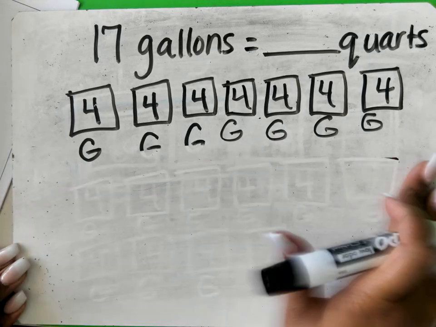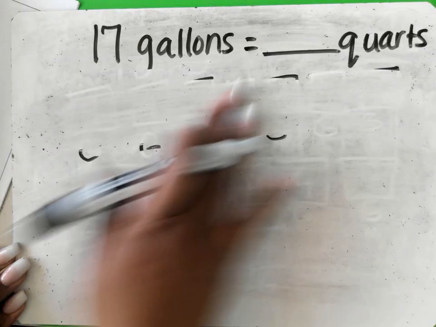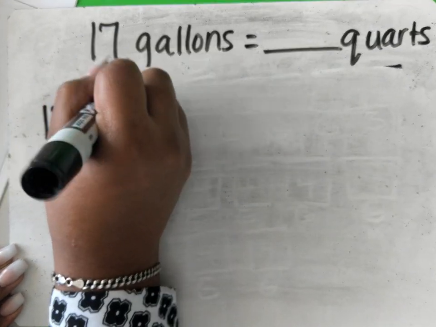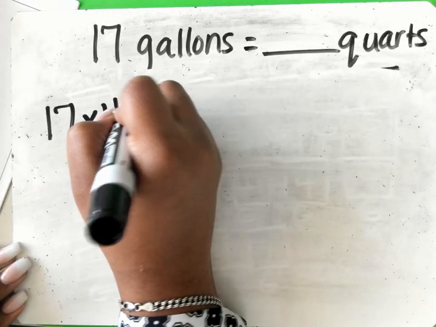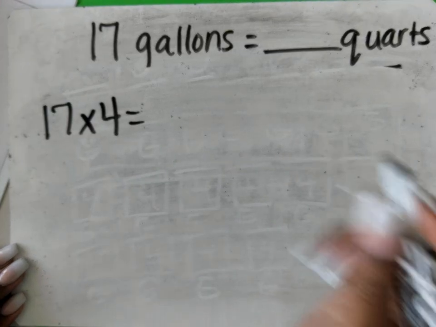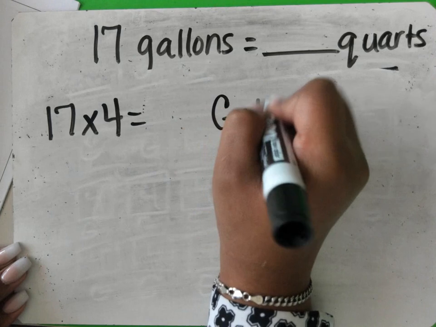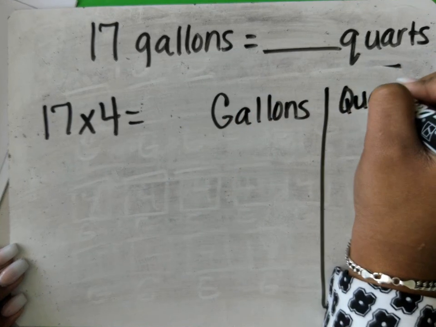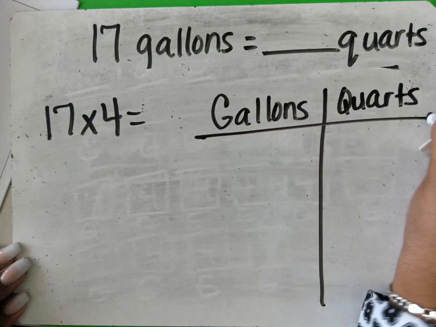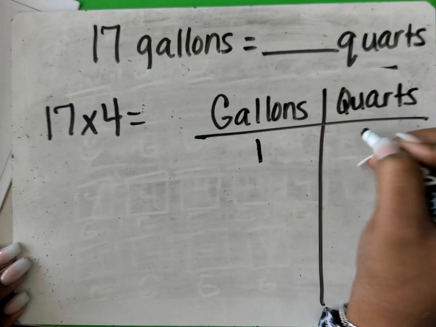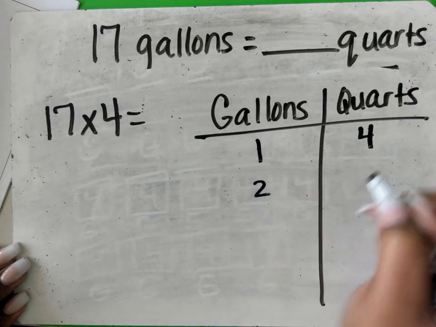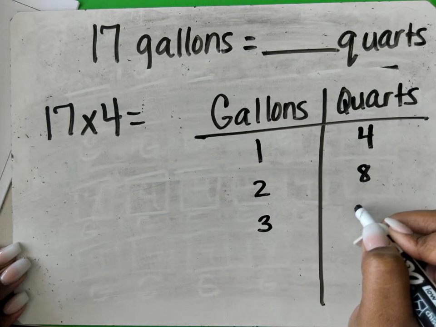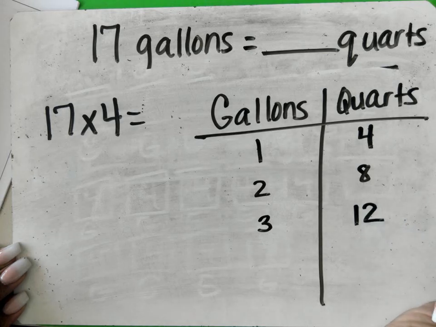So I know that eventually I'm going to do 17 times 4, okay, to get my amount of quarts. However, I do want you to get in the habit of recognizing your process by using your input-output table, that 1 gallon is 4 quarts, 2 gallons is 8 quarts, 3 gallons is 12 quarts, okay?